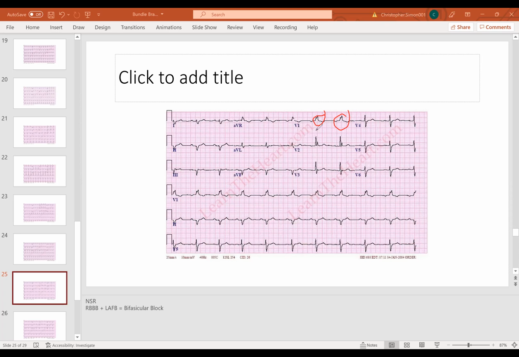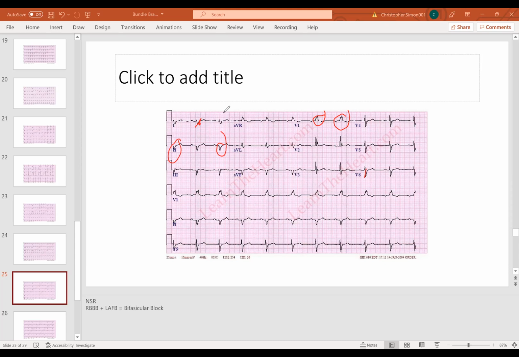But we've got these wide QRSs in V1, slurred S waves in lead 1, slurred S waves in V6. We're going to call that a right bundle branch block. Then, because we have a right bundle branch block, we're going to lead 2. We're going to look at, is this positive or negative? If it's a negative deflection, like it looks like, then they also have a left anterior fascicular block.